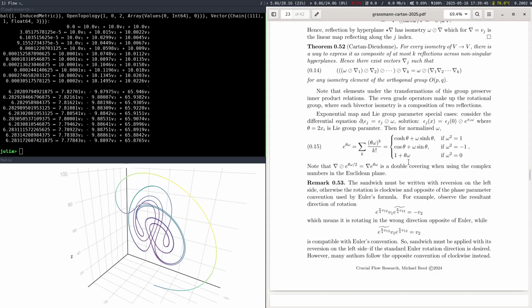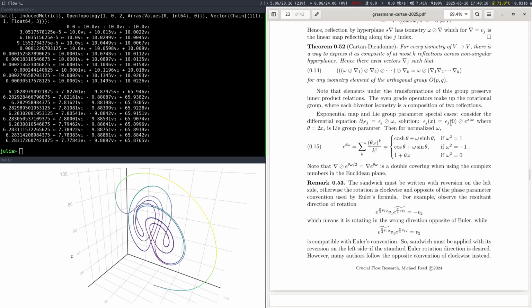So this is stuff I've discussed before, like note that the elements of the transformation of this group preserve the inner product relations. The even grade operators make up the rotational group. Each bivector isometry is a composition of two reflections, okay. So the exponential map and the Lie group parameter special cases.